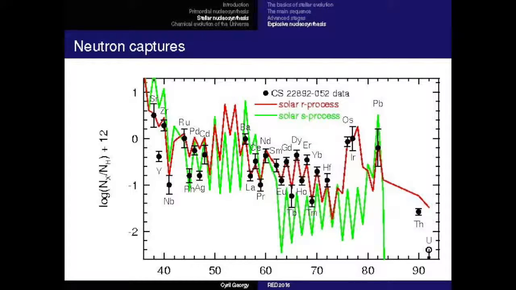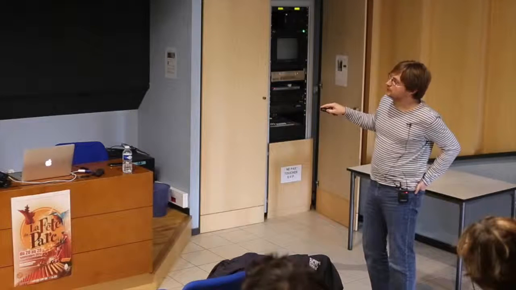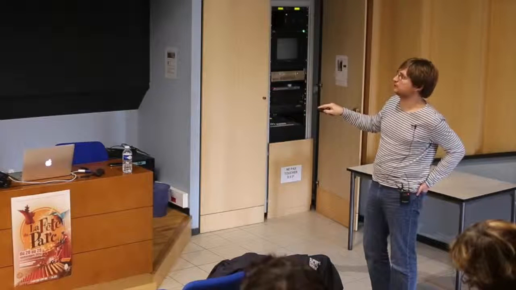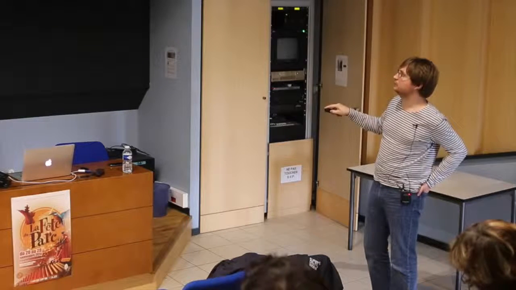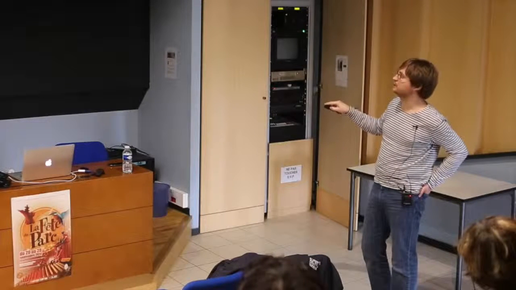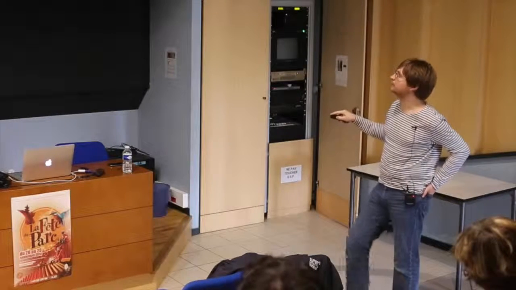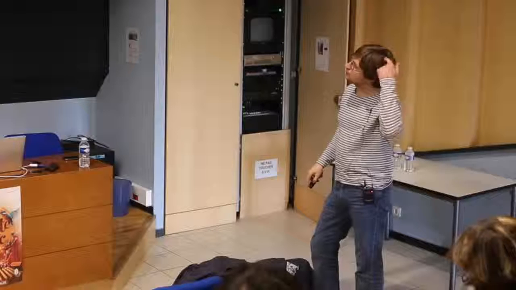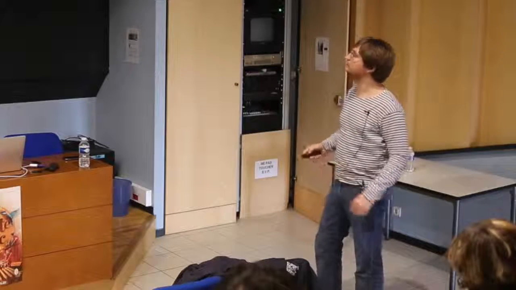So you see that you have elements that are typically produced by the S process, for example this one here, and others that typically come from the R process, depending on what kind of nuclei you are looking at. So you have elements in the sun that you know should come from the S process or R process because they have different abundances relative to hydrogen that cannot be explained by other means.